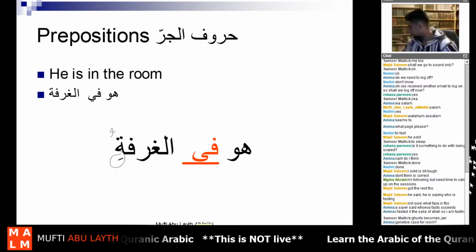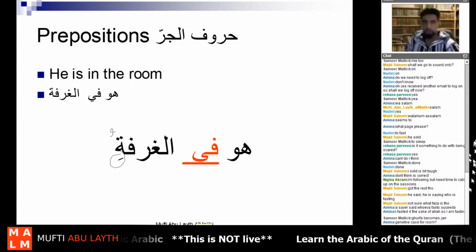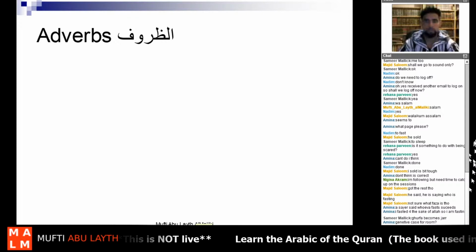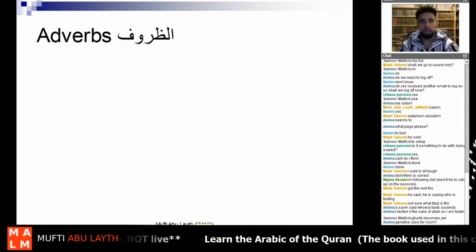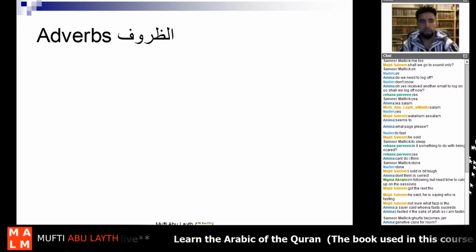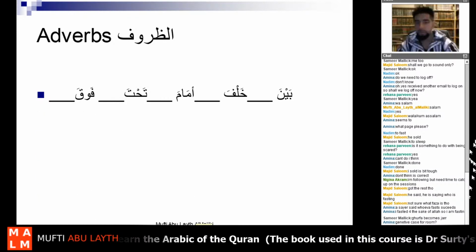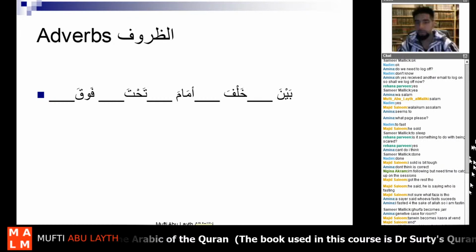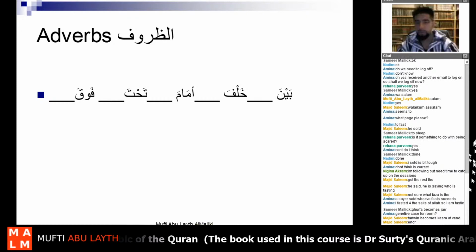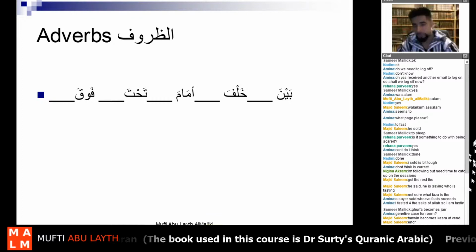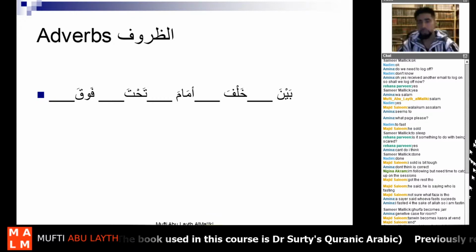Now we're going to take a look at some adverbs. Here we are, we've got some adverbs right in front of us. Fawqa, if you listen to the pronunciation. I suppose I should actually start on the right, being Arabic, reading that way. Is fi ghurfatin meaning he is in a room? That's correct, Samir.